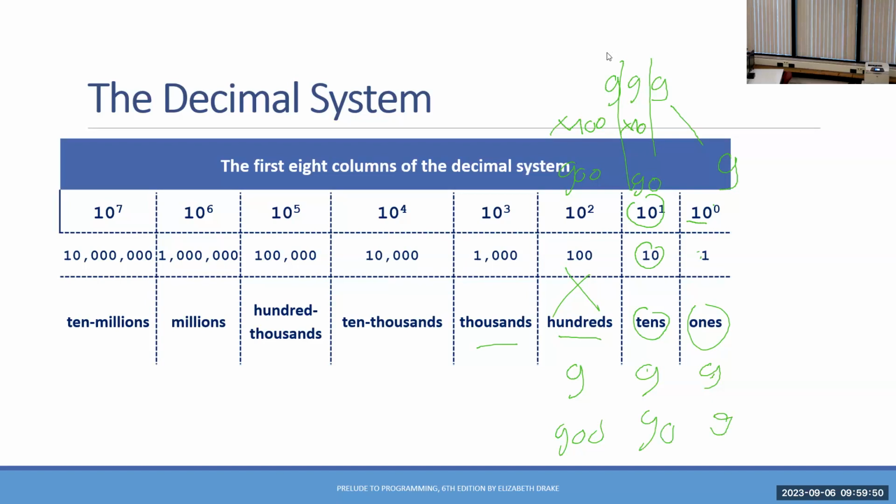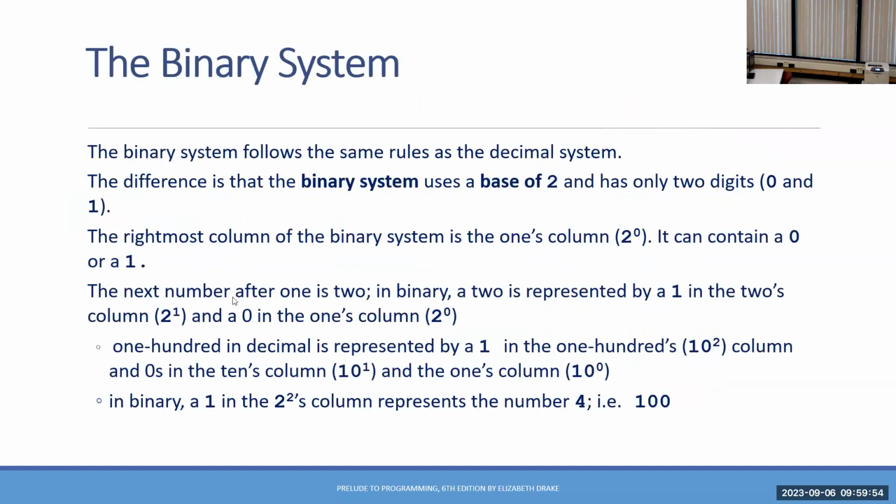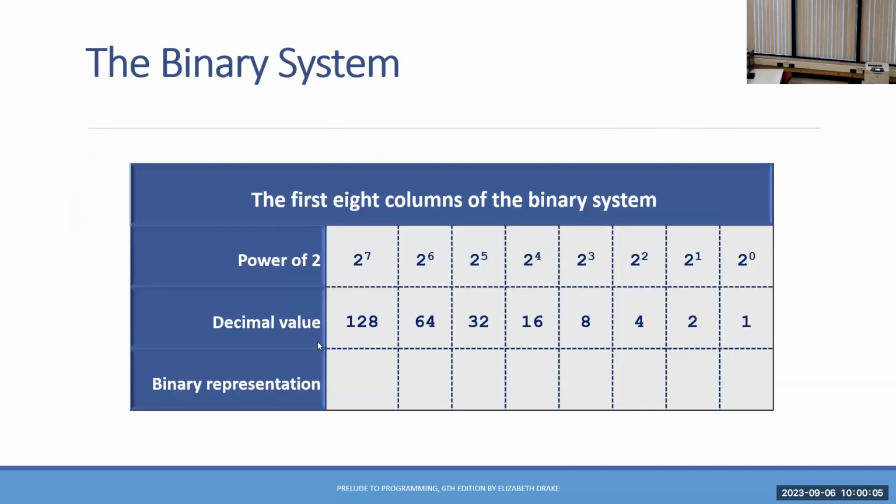Now, when you work with binary here, it follows exactly the same with the value of the column. The only difference here is the base. Now it's base 2, not base 10 anymore. So with the binary system, it's base 2, base 2, base 2, base 2. The value of the first column, again, raised to the power of 0, you have 1.